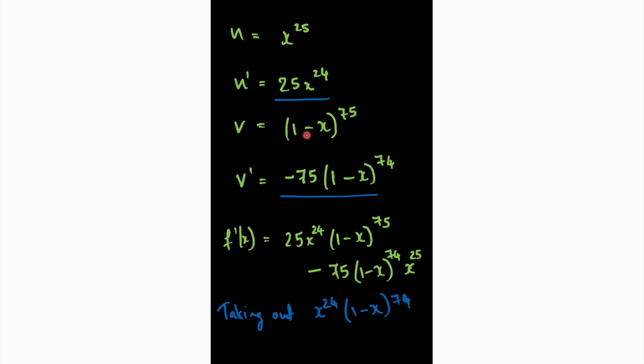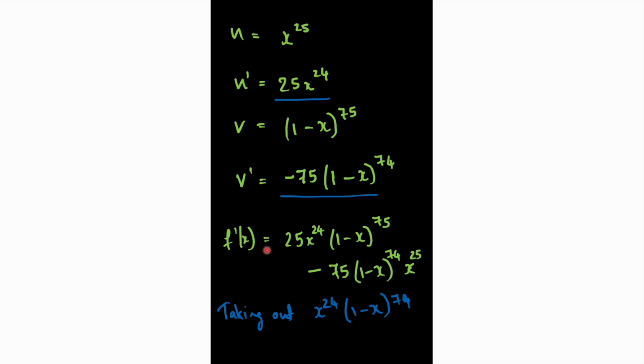What is v? v is equal to (1 minus x) the whole raised to 75. So v dash will be minus 75 into (1 minus x) the whole raised to 74. It comes like 75 into (1 minus x) raised to n minus 1, that is 75 minus 1, into the derivative of minus x, that is minus. That's how it is coming.